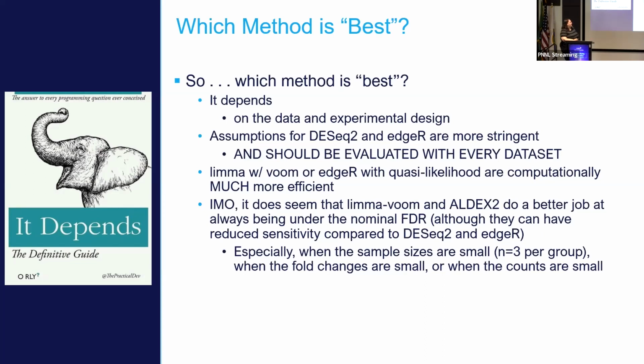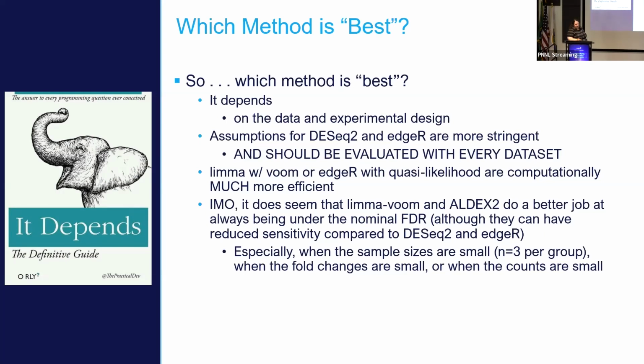But we have to evaluate those assumptions with every data set. Lemma with VUM or EDGE-R. So if you decide that you're in sort of the camp where maybe DESeq2 or EDGE-R are appropriate, you have things you don't expect them to have huge differences. You look at some of your diagnostic plots and things look okay in terms of variance estimation.